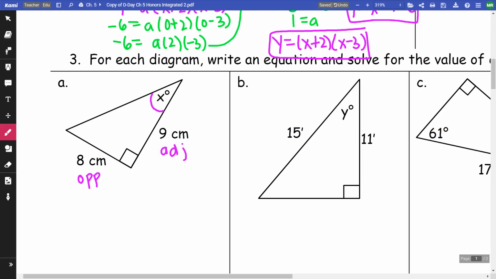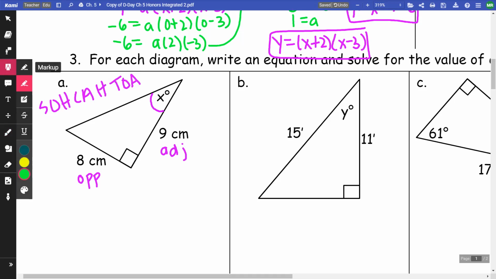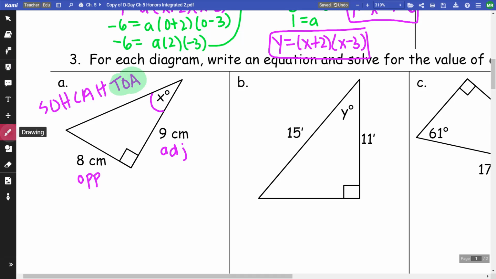So if I think of SOHCAHTOA, I am dealing with opposite and adjacent. So opposite and adjacent is tangent. Now I want to find the angle. So I'm going to do tan inverse of opposite, which is 8, over adjacent, which is 9.